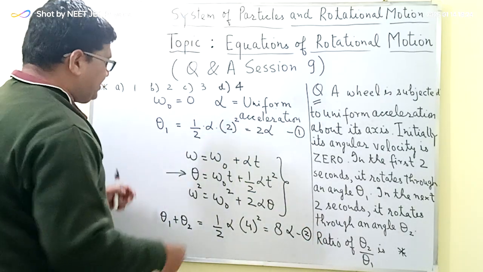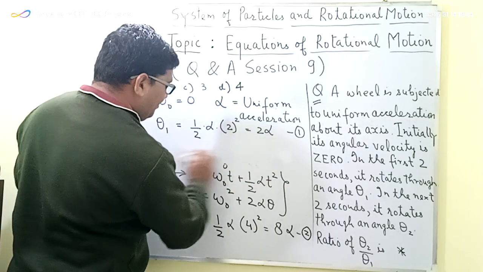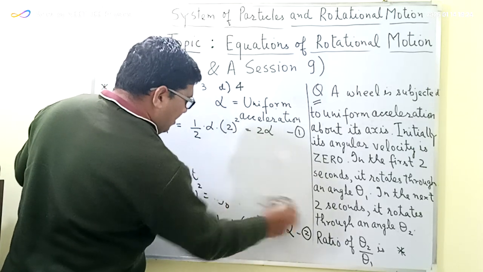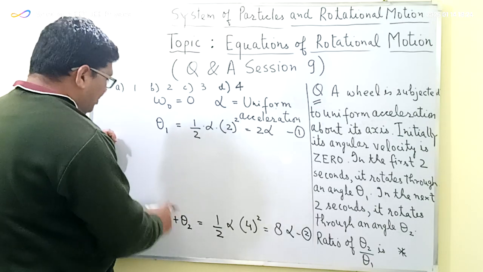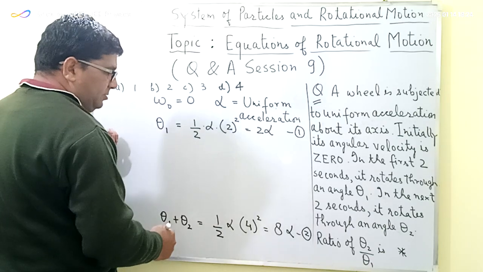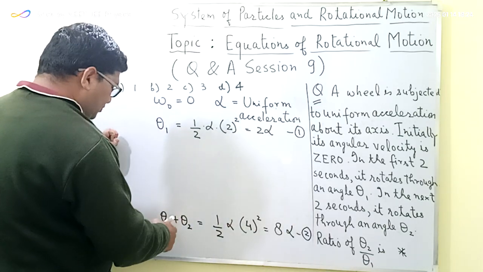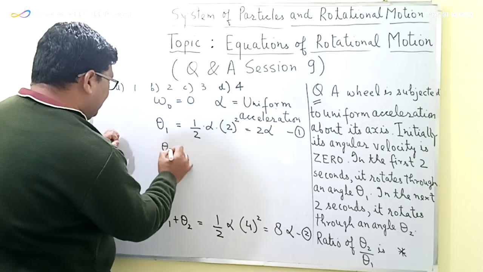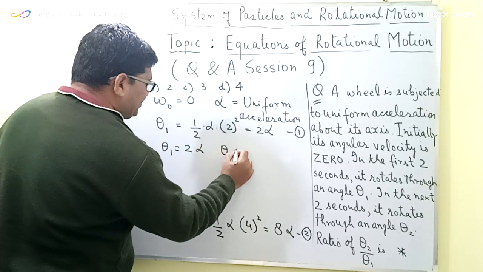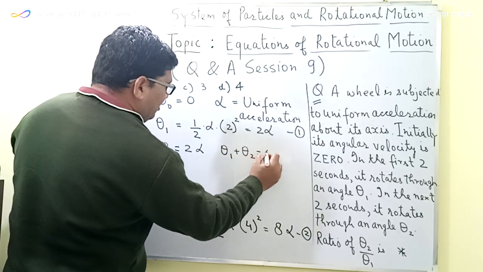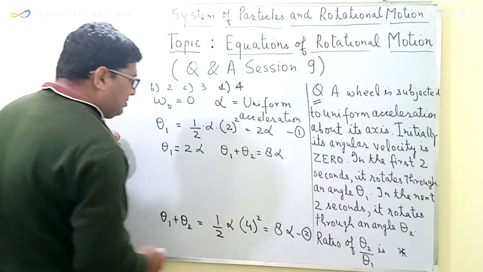So from these two equations, I will be able to find the value of theta 2 upon theta 1. Theta 1 is equal to 2 alpha, and theta 1 plus theta 2 is equal to 8 alpha, from equation number 2.